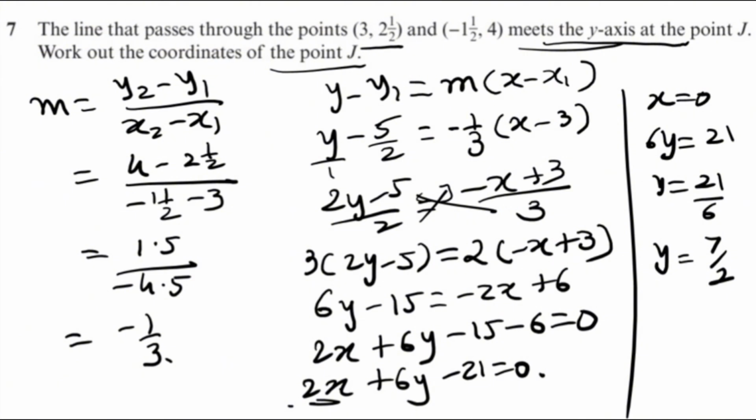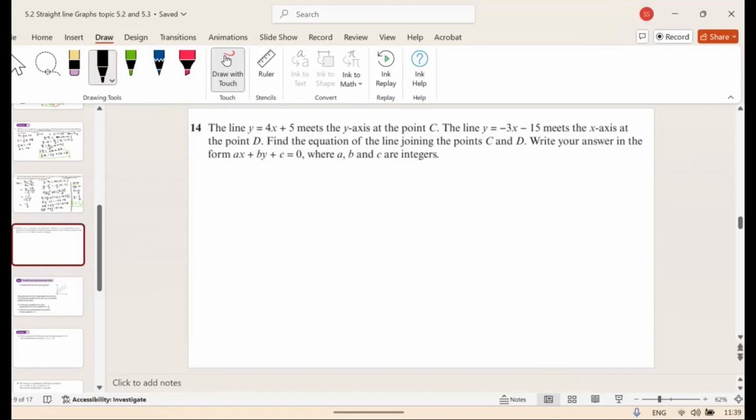So that means the coordinate of point J is equal to (0, 7 over 2), because the x coordinate is 0 and the y coordinate we found is 7 over 2. So this is the coordinate of point J.